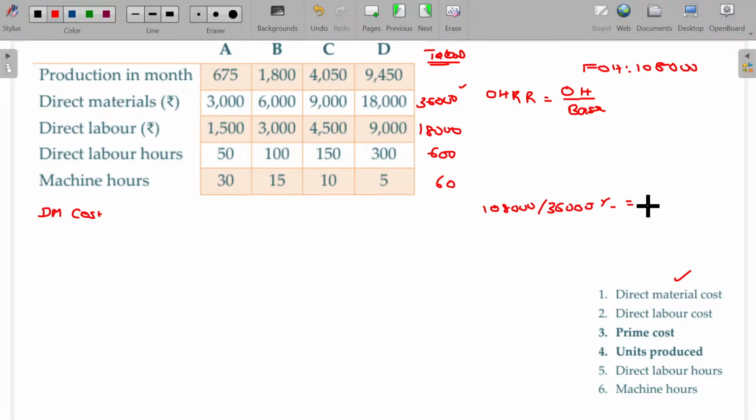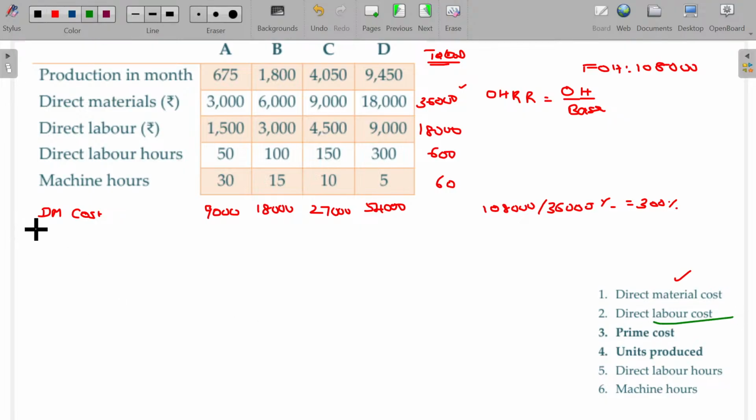The value in percentage being 300. So overhead is equal to 300% of the material cost. Then material cost for A being 3,000, what is the overhead for the department A? It should be 300% of this, otherwise 3 times. 3,000 into 3, 9,000. 6,000 into 3, 18,000. 9,000 into 3, 27,000. 18,000 into 3, 54,000. In such a way the overhead can be allocated to the products using the direct material cost.